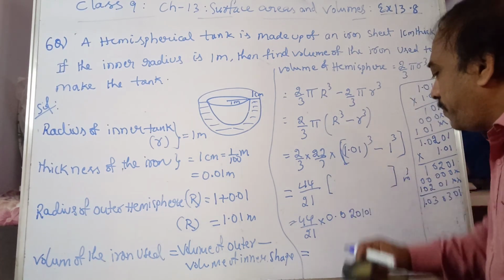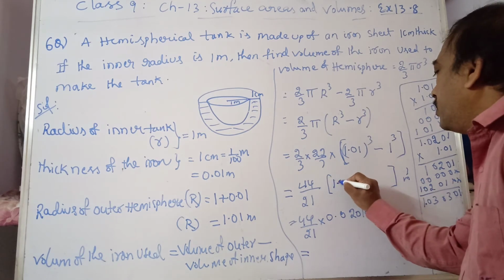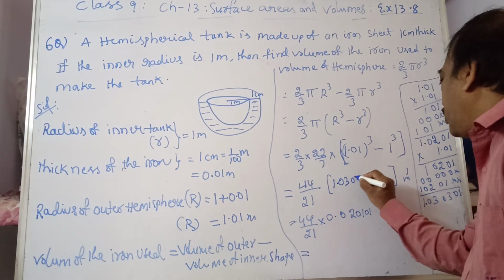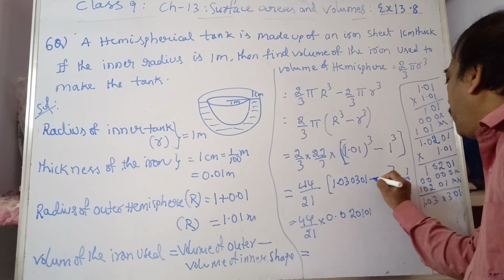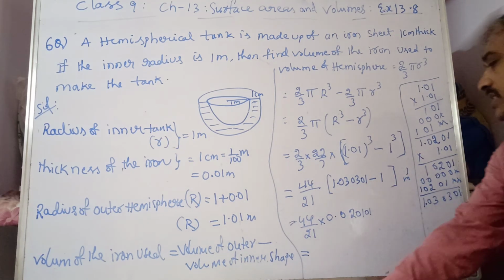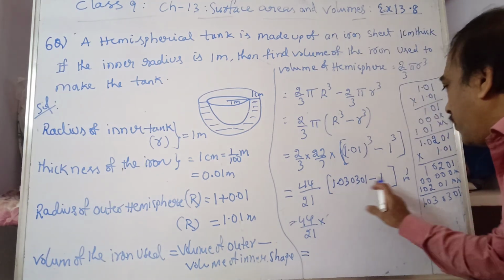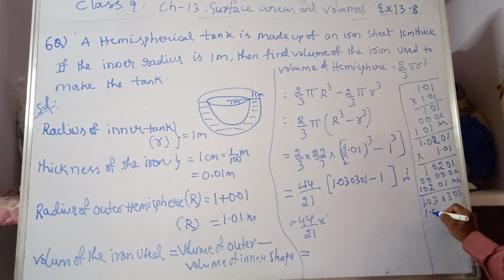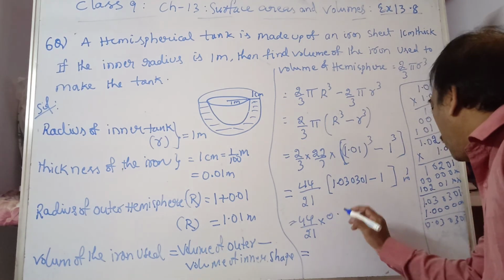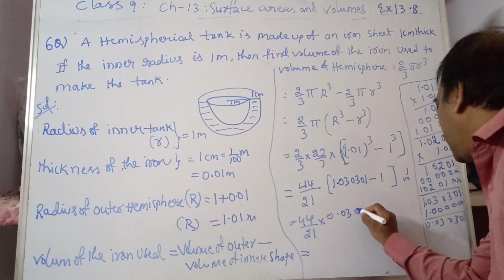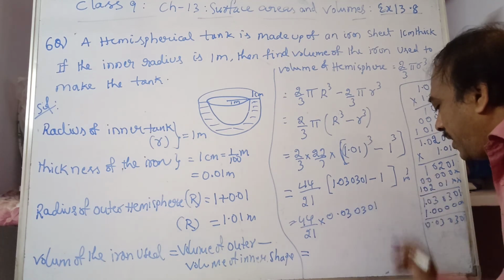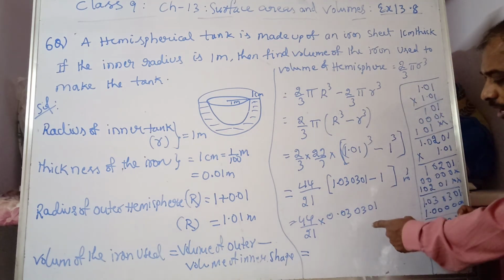We did some calculation part. 1.030301 minus 1 cube, which is nothing but, if you subtract 1 from this, 1.000000 minus 1.030301, we get 0.030301. So this is our result after subtraction.